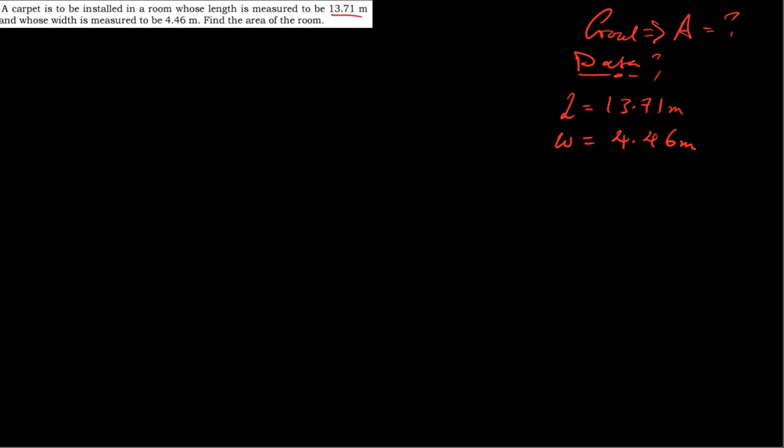And with that in mind, we need to understand that area is equal to L times W, which is the length times the width. For explanation purposes, we'll just say where L is the length and W is practically the width.